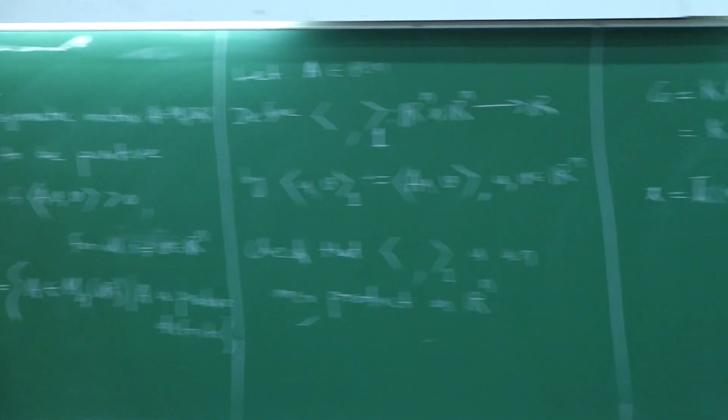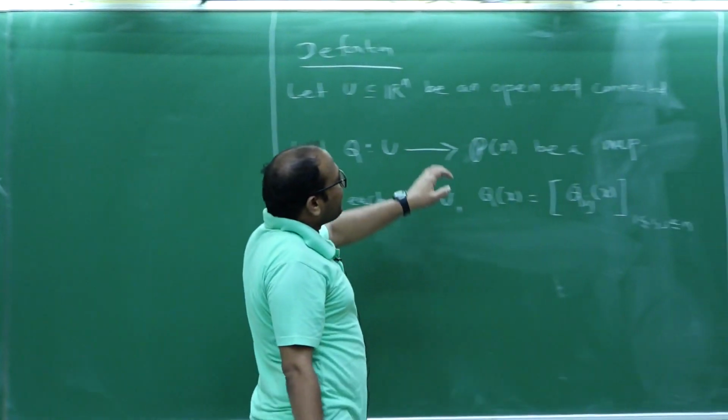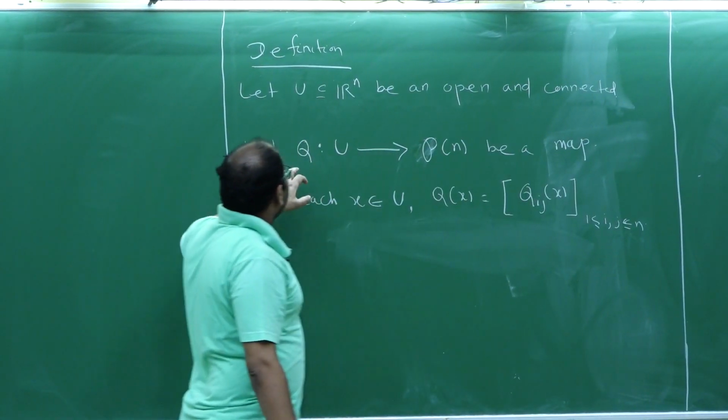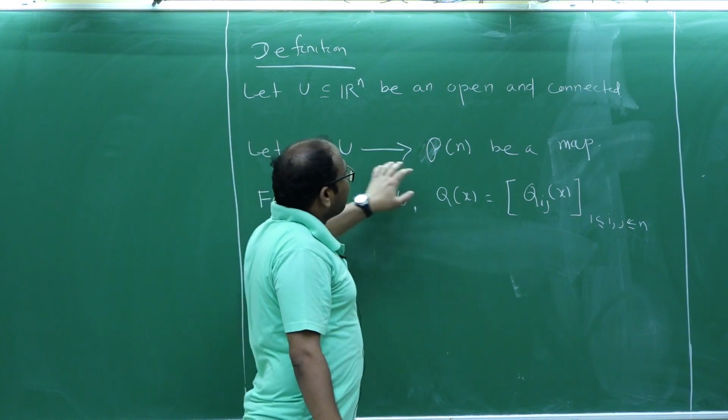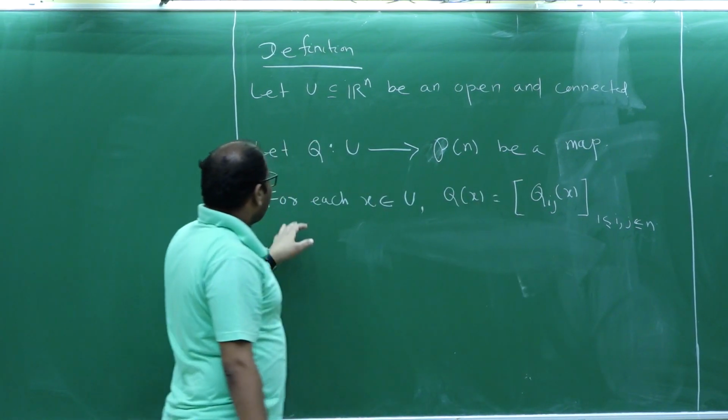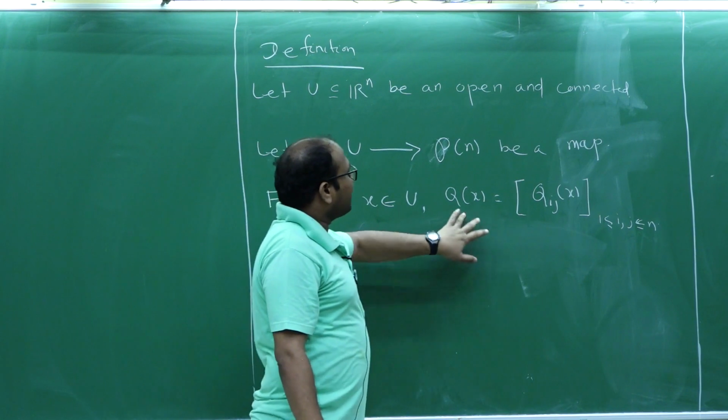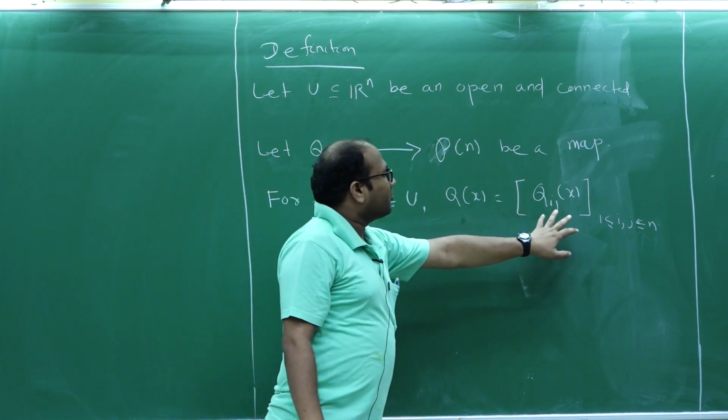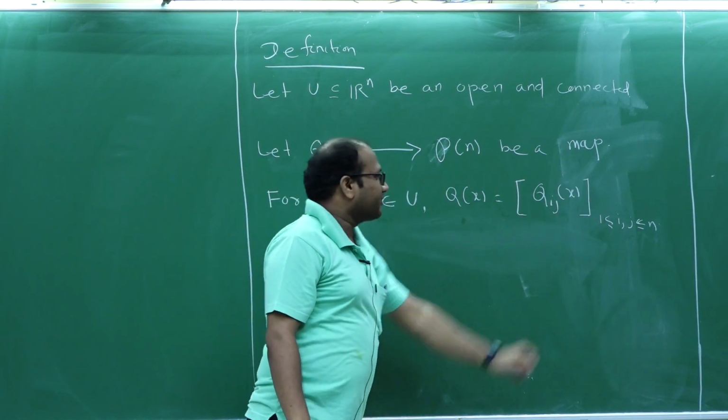So let U, a subset of R n, be open and connected. Let Q from U to P n be a map. Therefore, for each x belonging to U, this Q x is a matrix, so it has some coordinates Q i j of x.